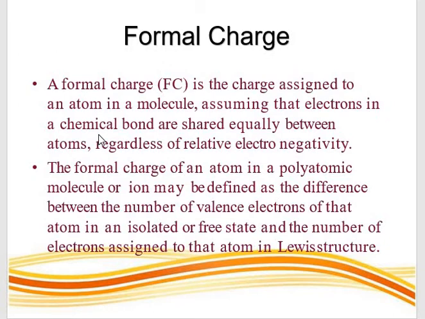Now, formal charge. Formal charge is the charge assigned to an atom in a molecule, assuming that electrons in a chemical bond are shared equally between the atoms regardless of relative electronegativity. The formal charge of an atom in a polyatomic molecule or ion may be defined as the difference between the number of valence electrons of that atom in an isolated or free state and the number of electrons assigned to that atom in the Lewis structure.